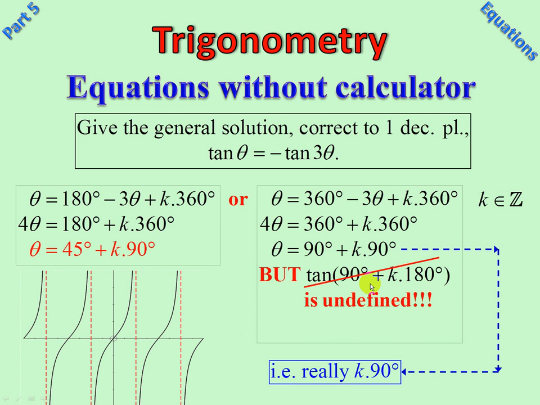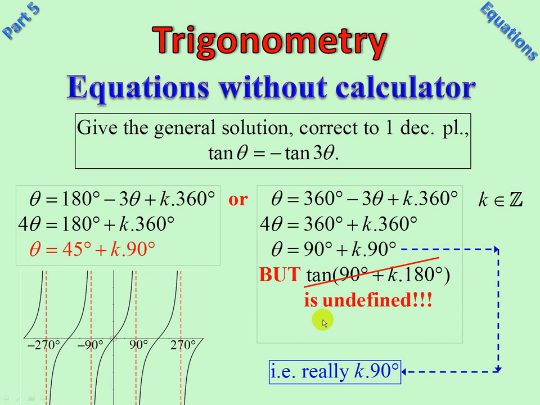There we are. 90 and then every 180 on. Have a look. There's 90. So there's 270 undefined at, which is 90 plus 180. It's undefined at negative 90, which is 90 minus 180. It's undefined at minus 270, which is 90 minus twice 180.